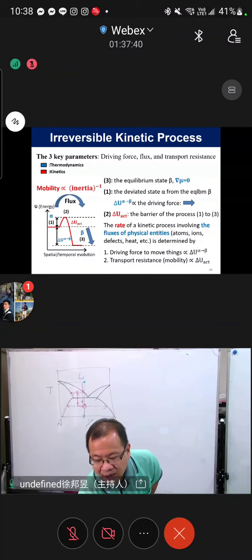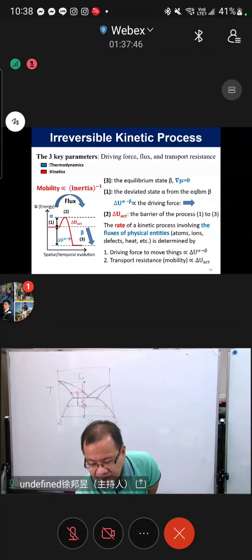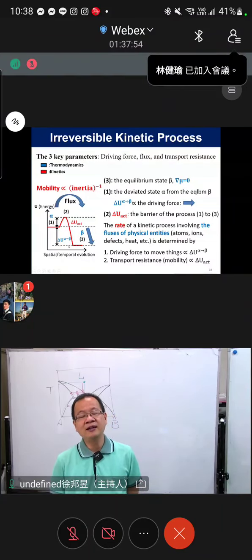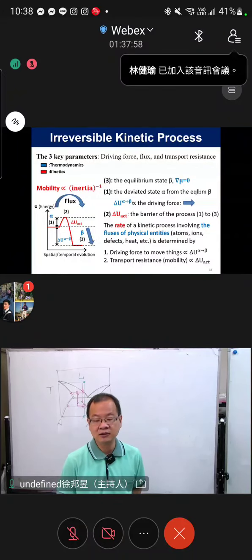So your atom must first overcome this delta U activation, then they can flow to create fluxes defined by delta U alpha to beta. And this picture has explained the key difference between thermodynamics and kinetics.